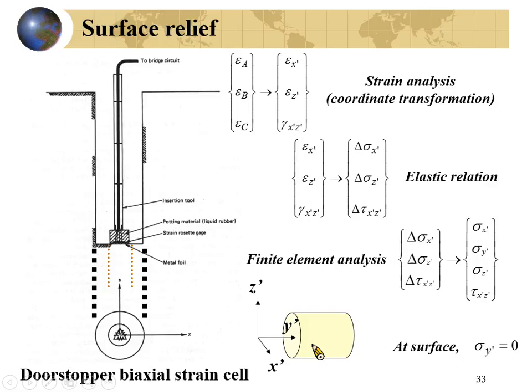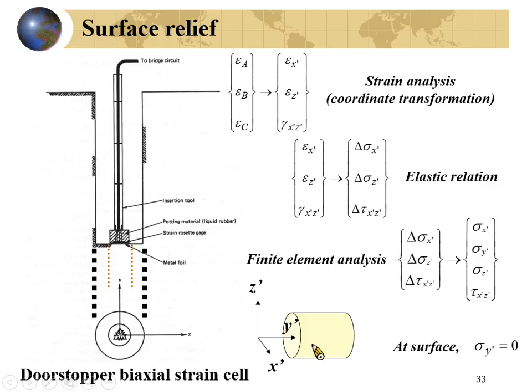If your measurement is very close to the tunnel wall, so if this is a very short distance, very near the tunnel wall, you can understand the radial stress will almost equal 0. So you will assume sigma y prime equals 0.